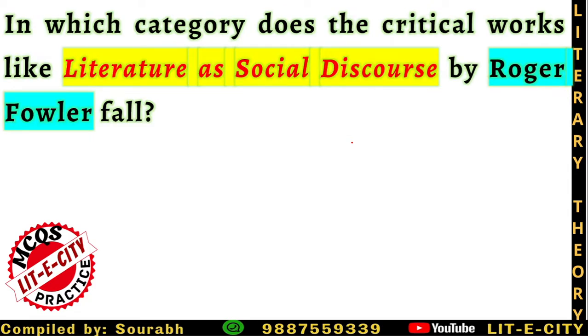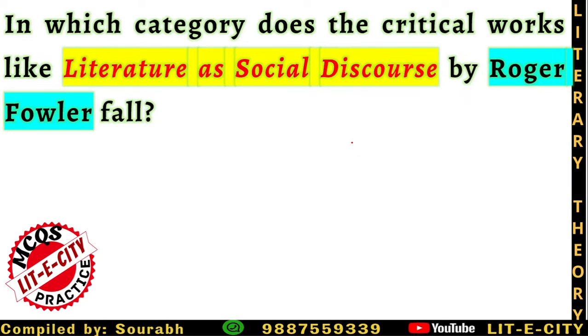Next question, dear friend, is in which category does the critical work Literature as Social Discourse by Roger Fowler fall? Now, Roger Fowler, one of the leading critics of his time, has given the impetus to a particular branch of critical studies.